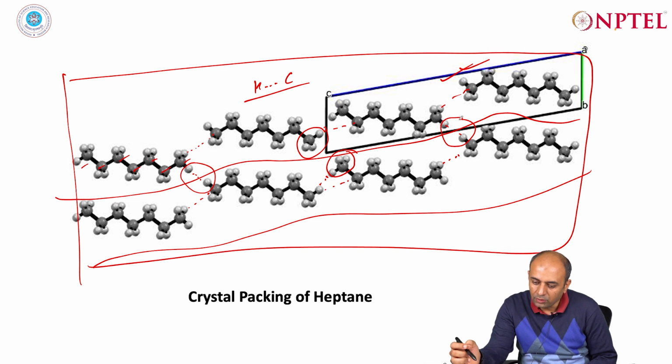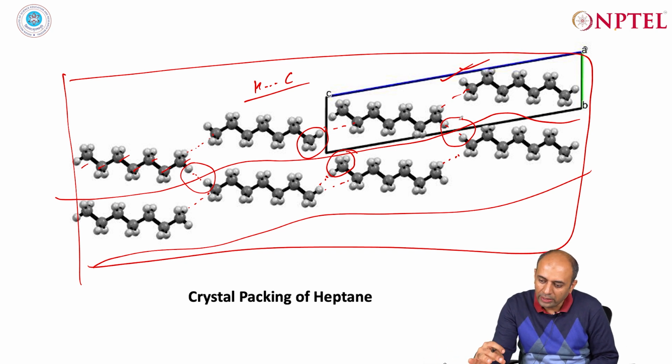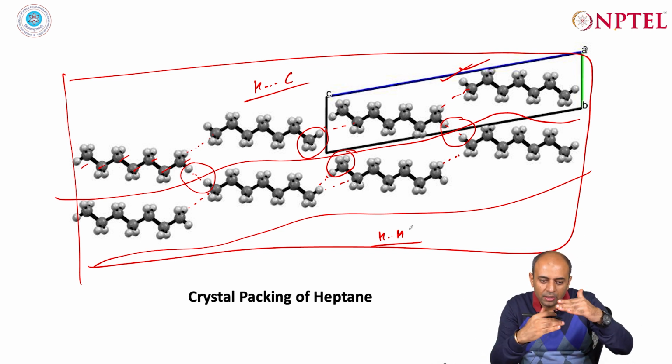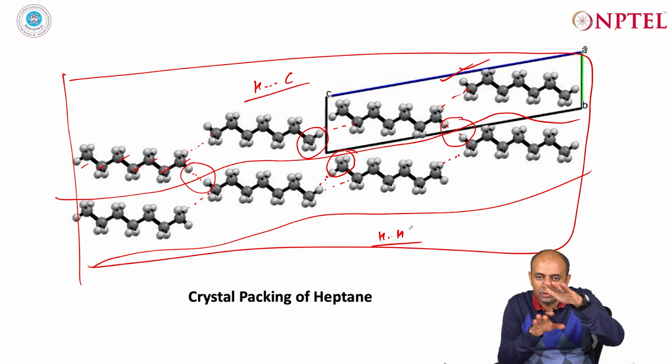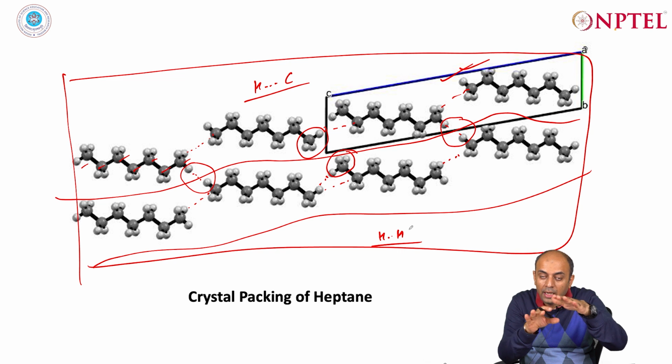So this tells you that the packing between the 1D chains of molecules is such that they try to maximize the HH contacts between the layers. By and large, you have one layer of molecules like this and another layer of molecules, and they try to interact via the HH contacts, because the hydrogen atoms are the peripheral atoms.